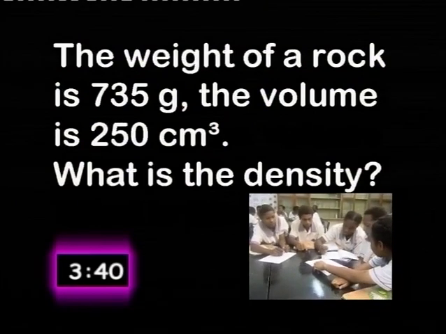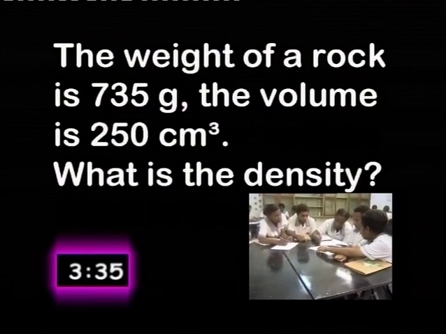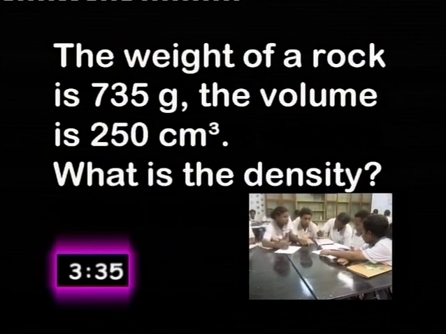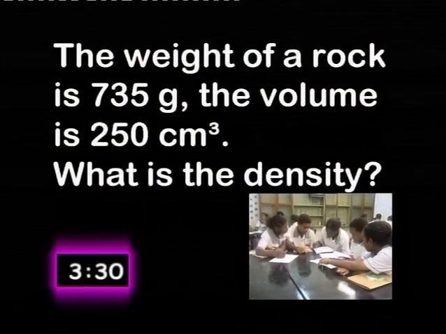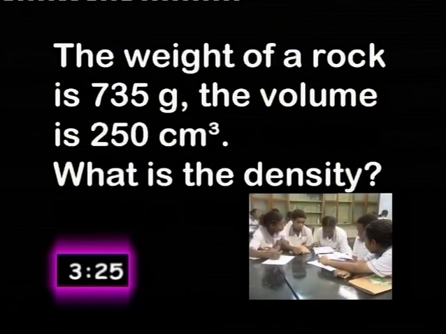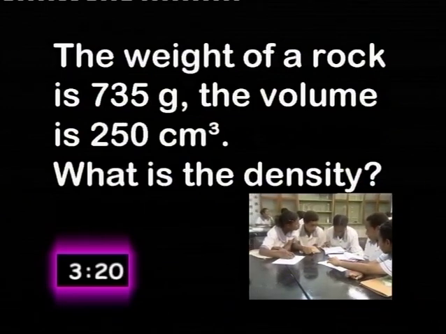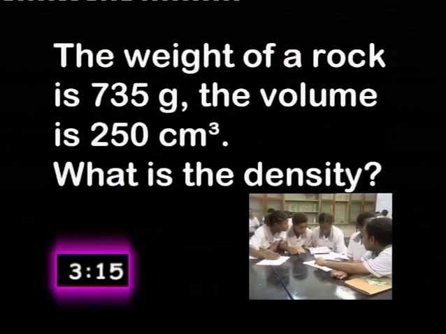So bring down 0. Oh, sorry. So what's this? A 0. So 250 times 7. 7 times 5 is 35. 2 7s are 14, 15, 16, 17.